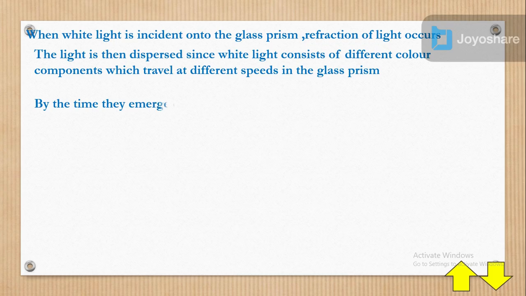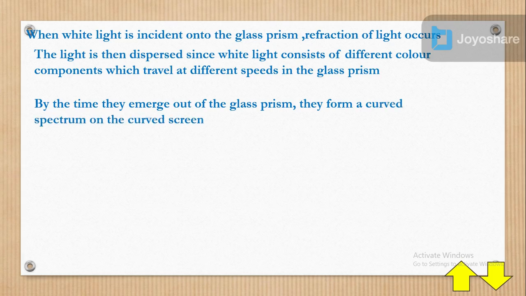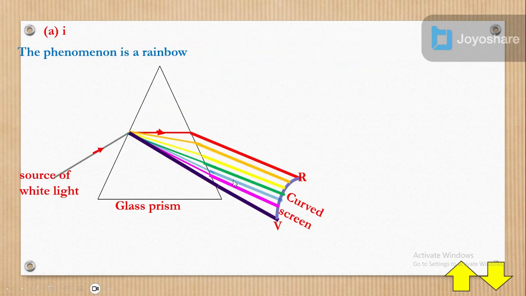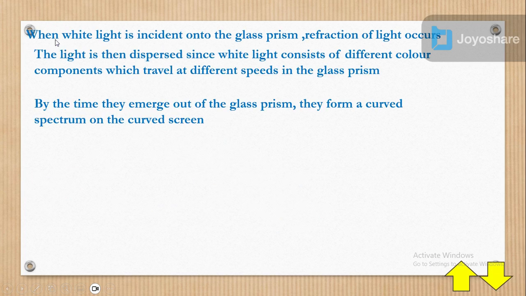Okay, we say by the time they emerge out of the glass prism, they form a curved spectrum on a curved screen. So this is what I've been talking about here. You really see that when light is incident, let's say from here, this first point, when white light gets this laser beam, we say that when white light is incident onto the glass prism, refraction of light occurs.